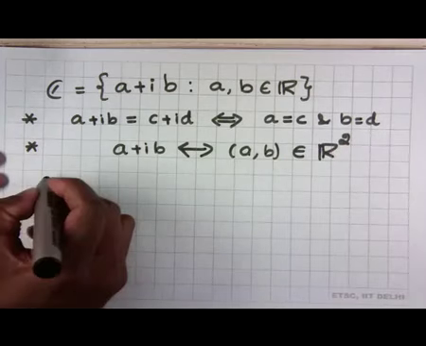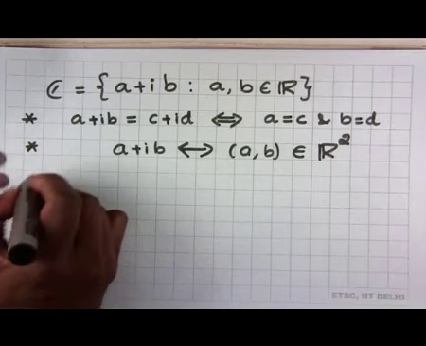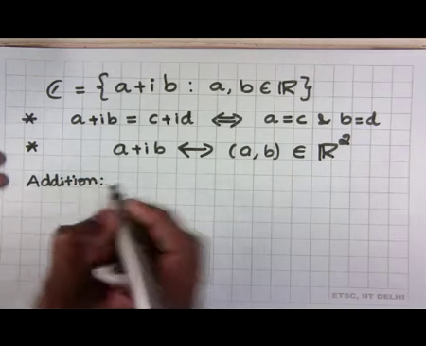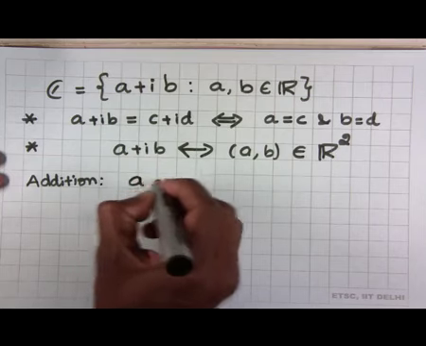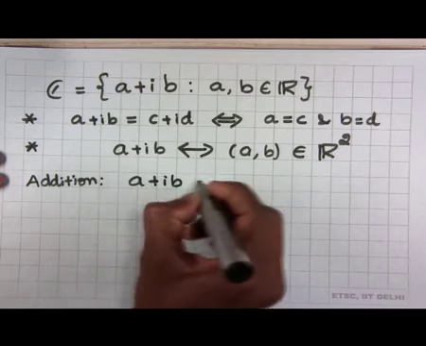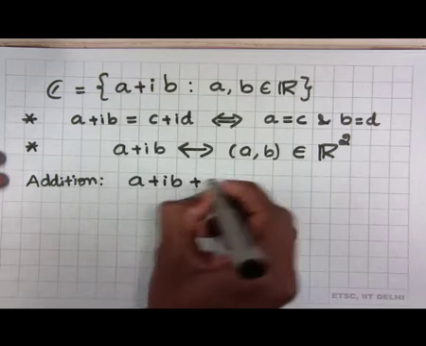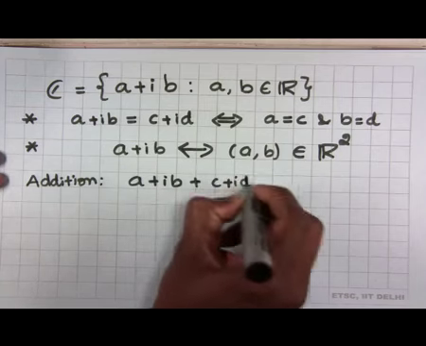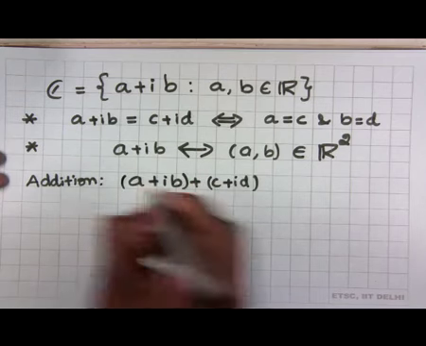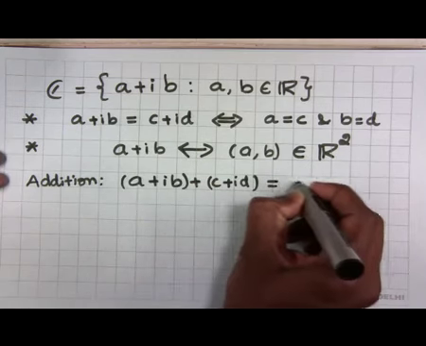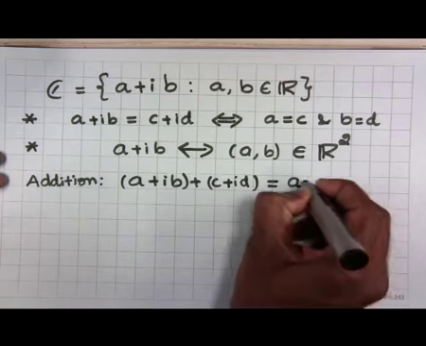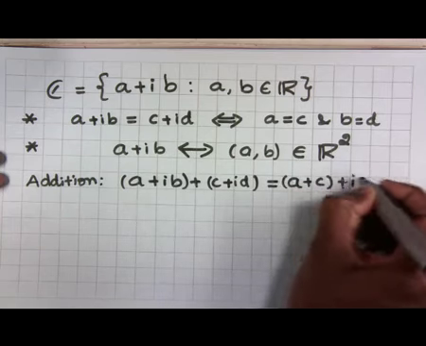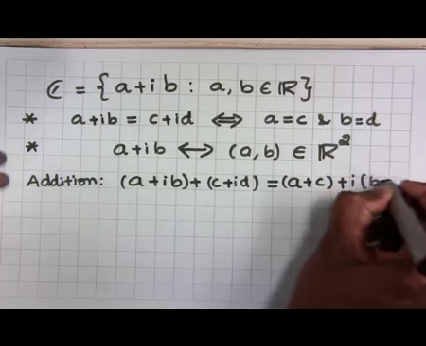Let me recall the operations, that is addition. The addition of two complex numbers is defined as: you sum the real part and the imaginary part.